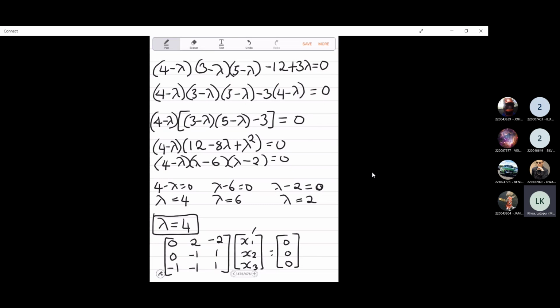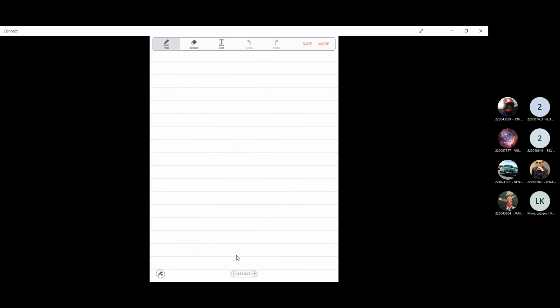So this matrix here, this is the eigenvector that we are trying to work out. So we need to work out the values of x1, x2, and x3. And this is just a system of linear equations that we have worked out. We draw the augmented matrix, which is 0, 2, minus 2, and then we have 0, 1, minus 1, 1, we have 0, minus 1, minus 1, 1, and 0.